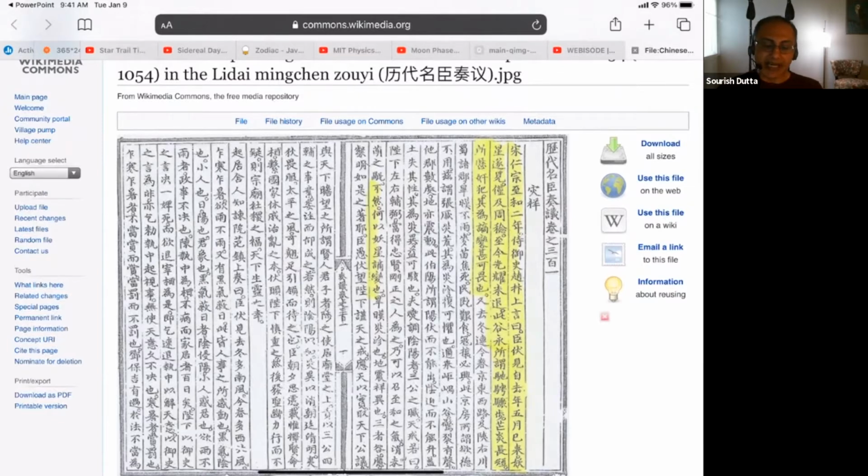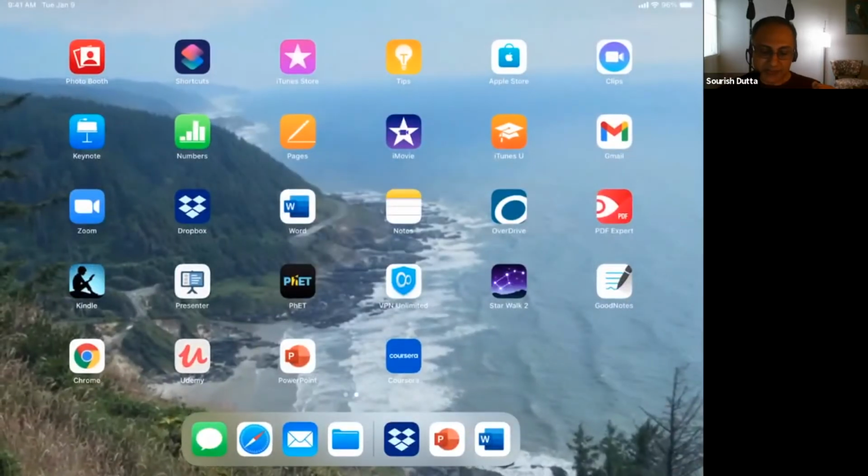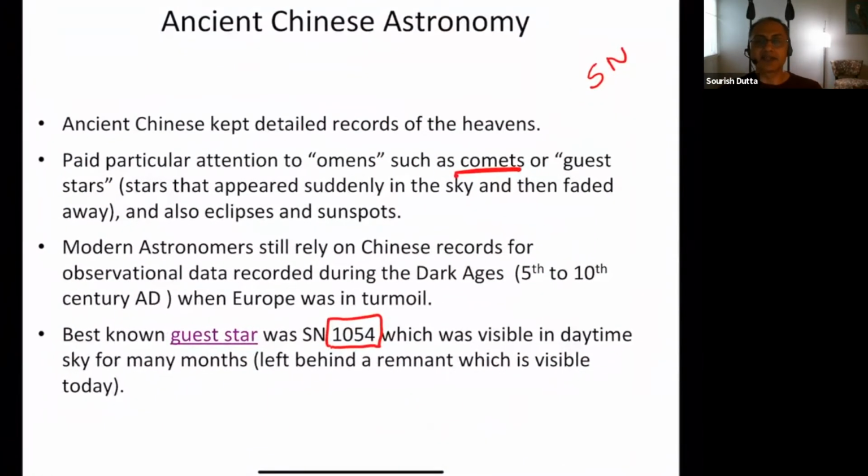The highlighted portions over here, which I cannot read but if you can read Chinese, talk about a new object being visible in the sky, which was so bright that it was visible during the daytime, and how it was visible in the sky for a month or so. So the ancient Chinese maintained detailed records of the sky, with particular emphasis on newer things that were seen in the sky.